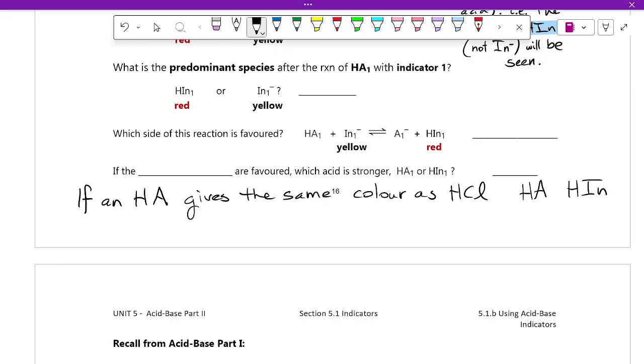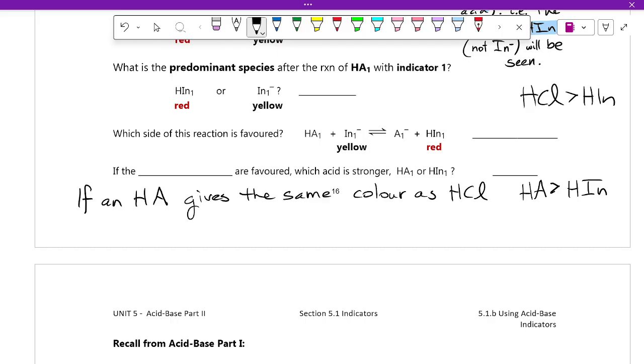It means HCl is stronger than the indicator, so HA is also stronger than the indicator, right? Because we know that HCl is stronger than HIn. So if HA does the same as HCl, it will show the same color.